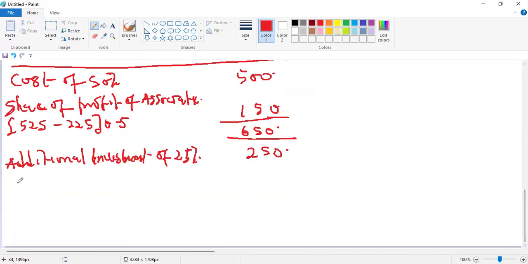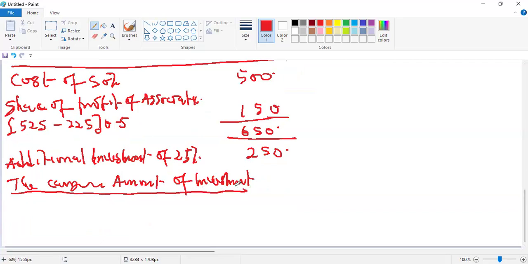So the carrying amount of the total 75% investment that you will see will be the cost of 50%, which is 500.